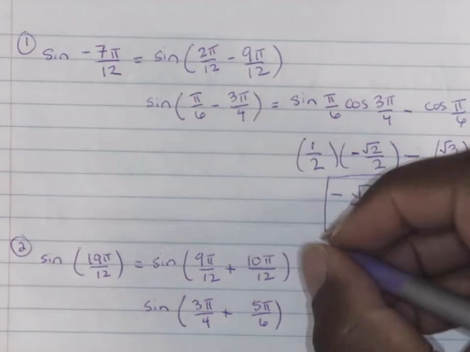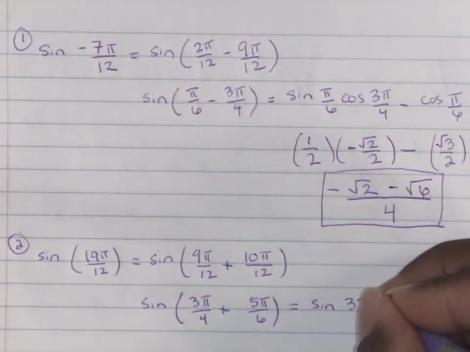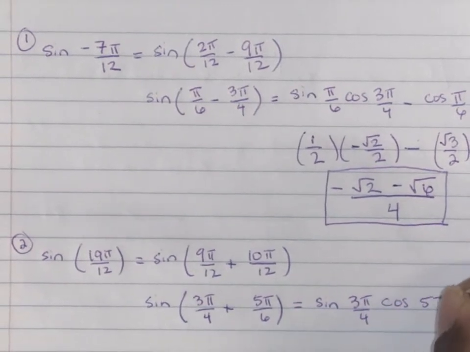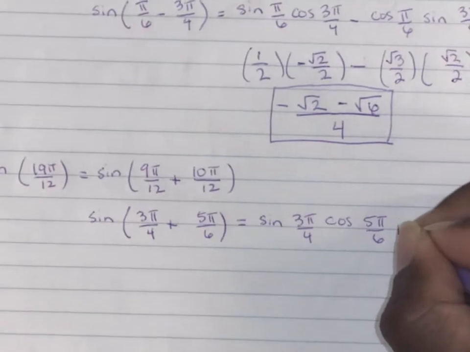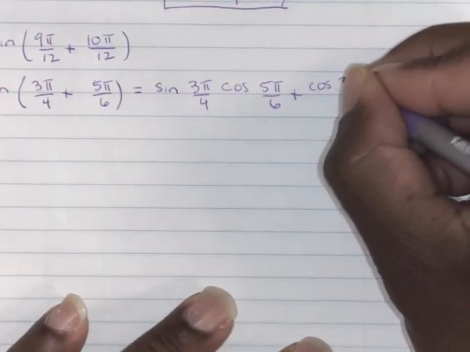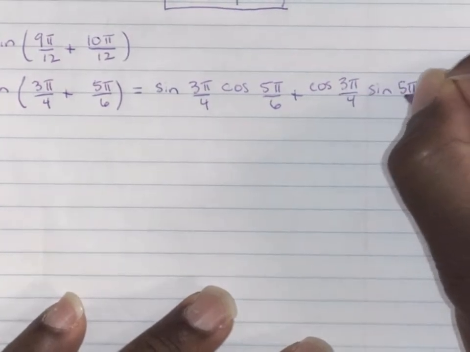So what I get is, and I'll write what I'm going to do, sine of 3 pi over 4, cosine of 5 pi over 6, plus cosine 3 pi over 4, sine 5 pi over 6.